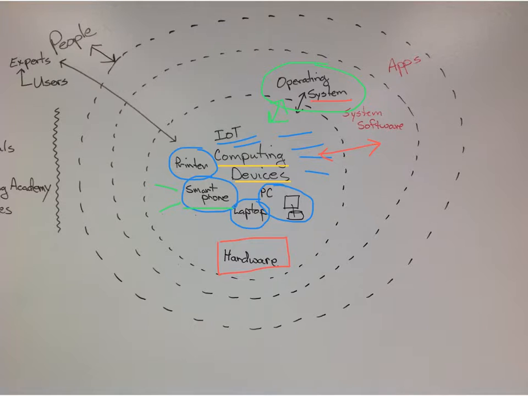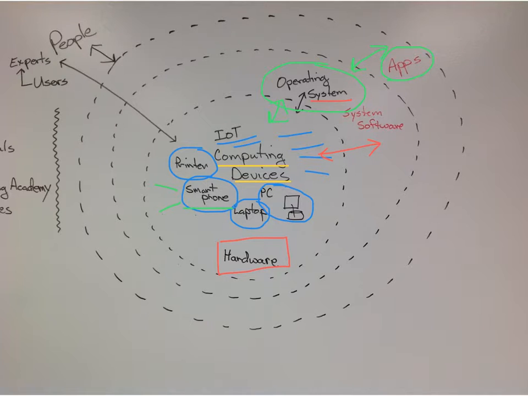Then we talked about how applications communicate with an operating system. We used the example of if you download an app for your iPhone, it has to match an iPhone, because the apps talk to the operating system, the iOS.